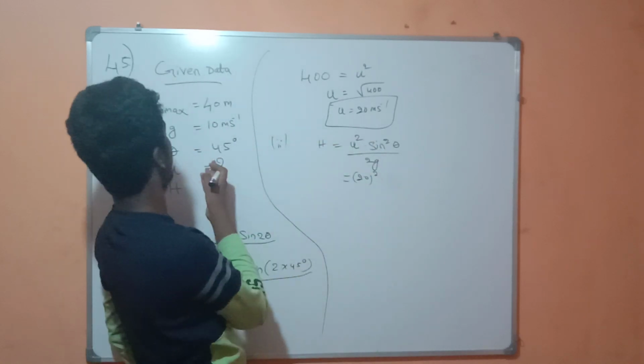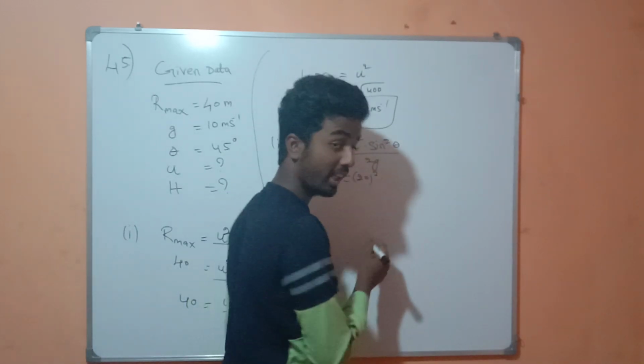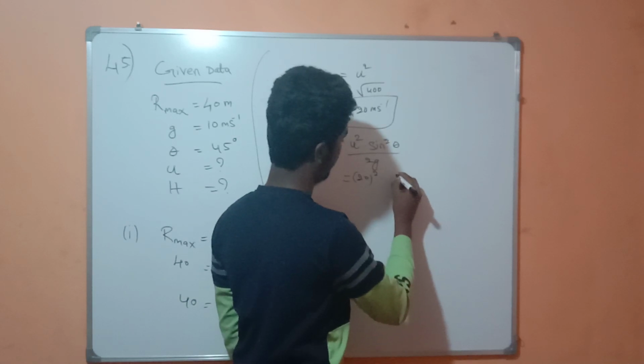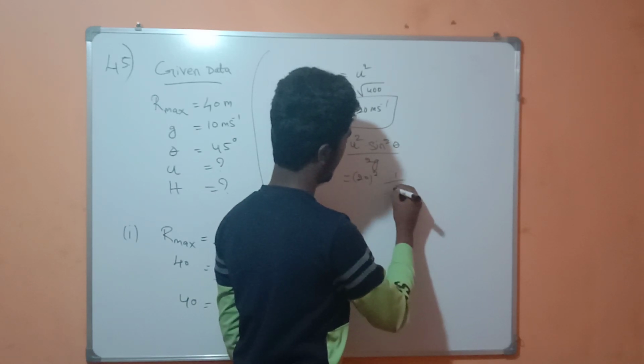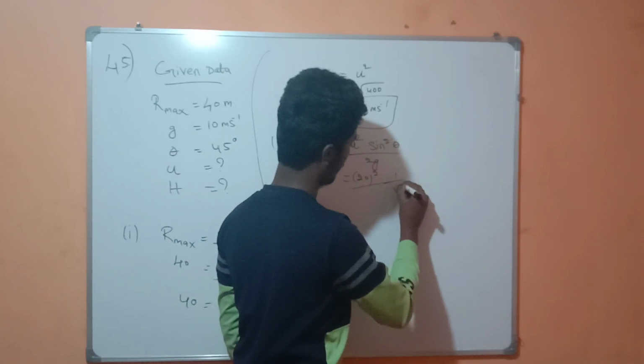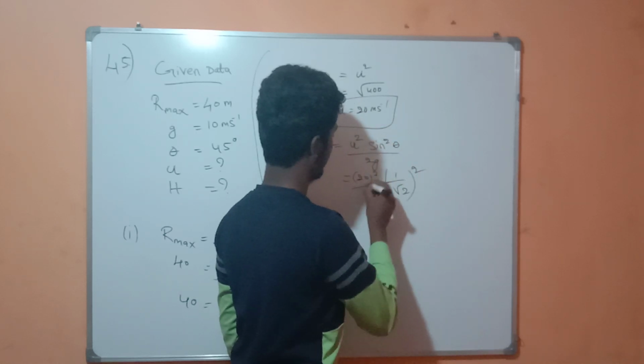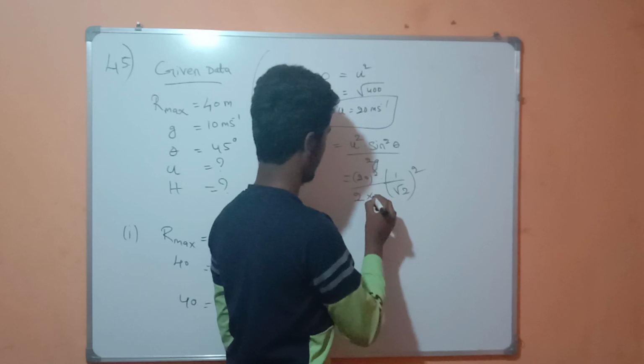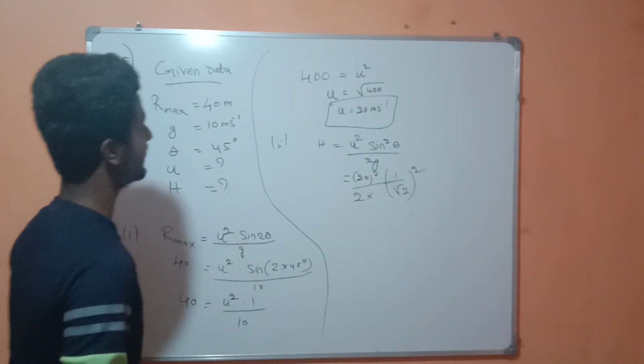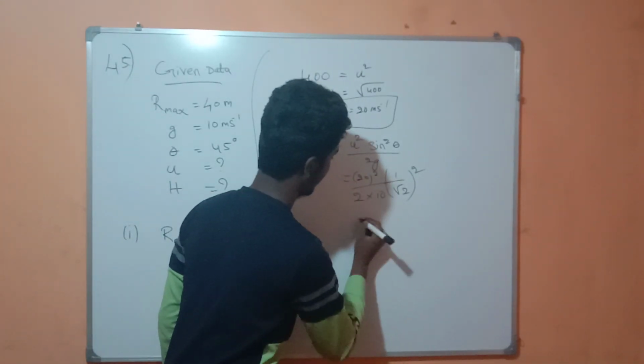What is the value of theta? It is 45 degrees. 45 degrees means sin is 1 by root 2, and the square of it. And 2 into G, what is the value of G? It is 10.